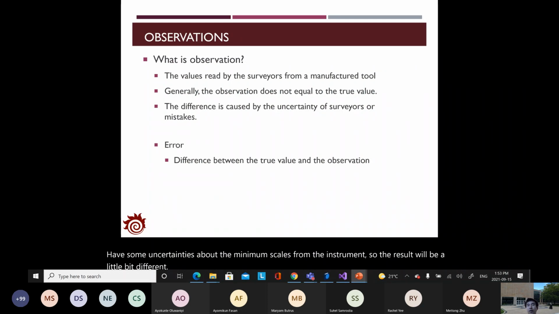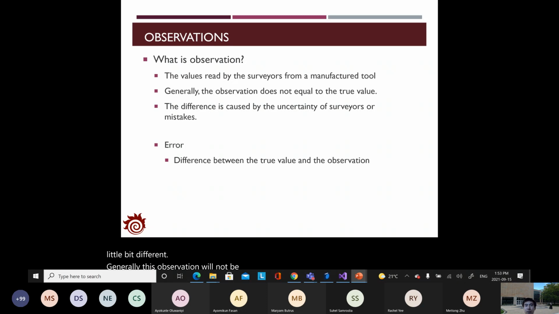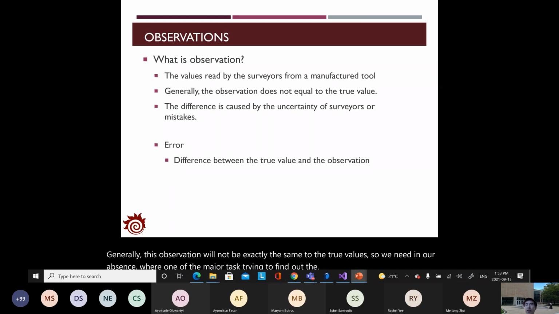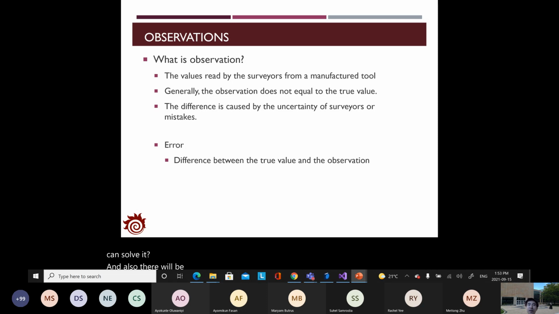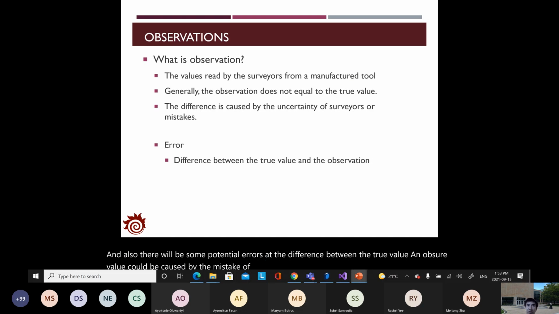Generally, this observation will not be exactly the same as the true value. So as a surveyor, one of the major tasks is trying to find out how we can solve this kind of uncertainty, and if we know there are some errors, how we can solve them. And also, there will be some potential errors. The difference between the true value and the observed value could be caused by a mistake of the surveyor. If that is the case, you may need to redo the experiment and try to solve any human errors.